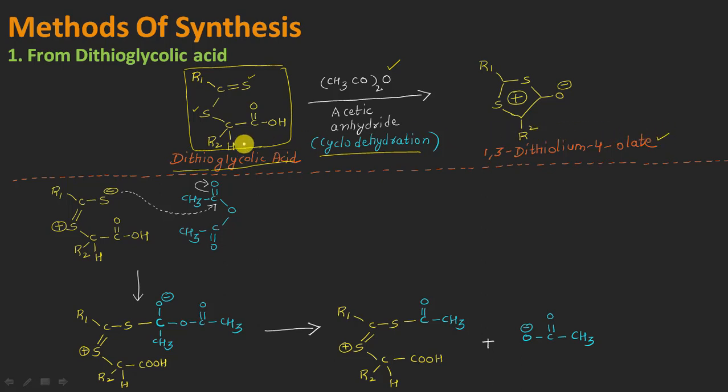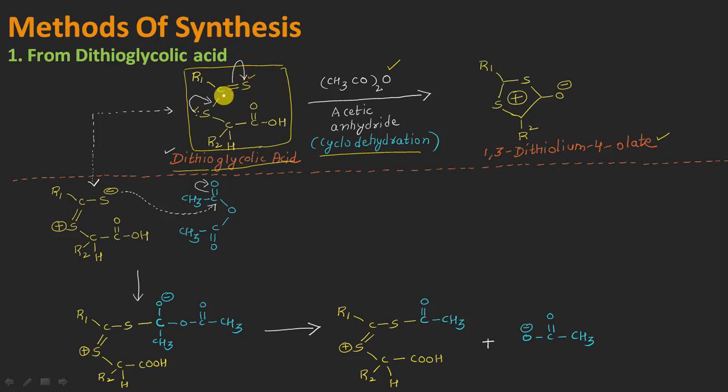And now talking about the mechanism, the mechanism actually starts from this dithioglycolic acid by drawing the second resonating structure of our first reactant. It can be done in this simple way, shifting these two electrons of the sulfur on this side, sending these electrons onto this sulfur.